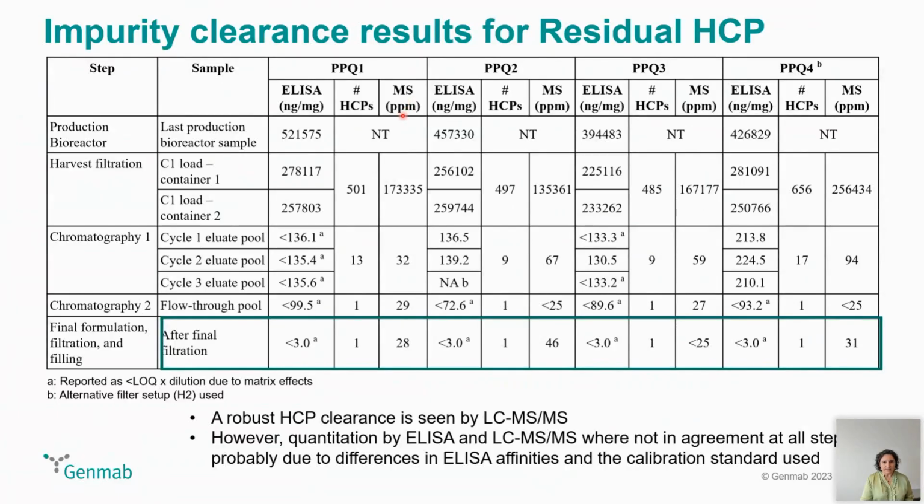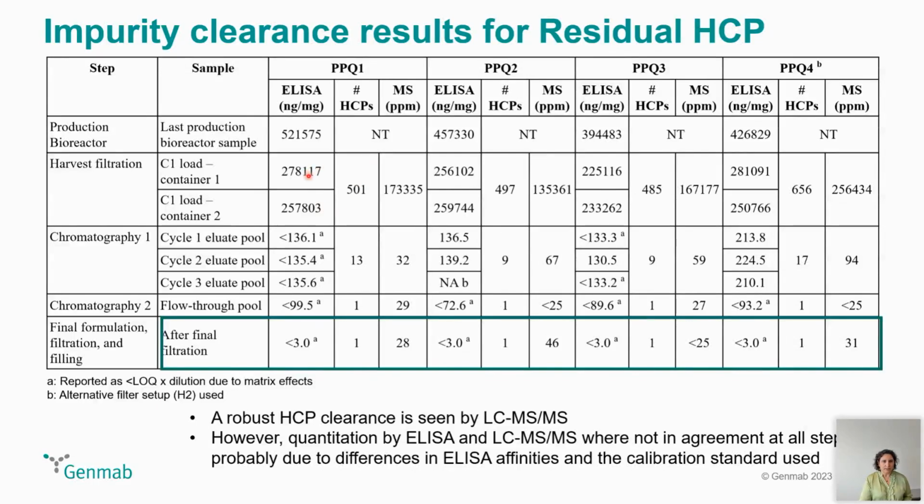So we can see that we have a lot of HCPs in our last production bioreactor sample. Unfortunately, we didn't analyze the same sample by LC-MS, so we only have a few selected samples analyzed by LC-MS.